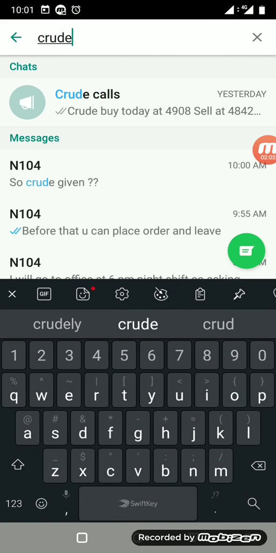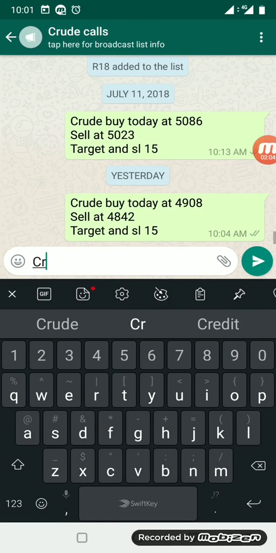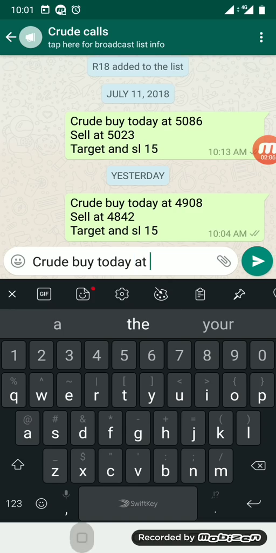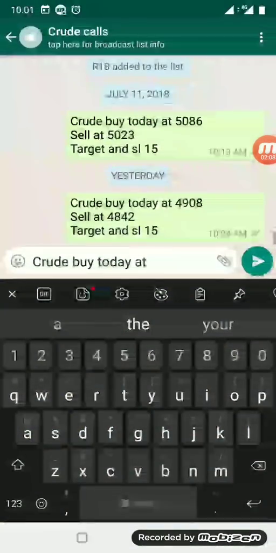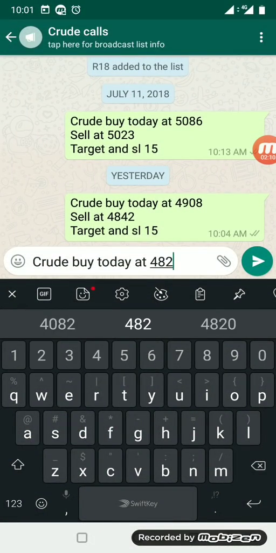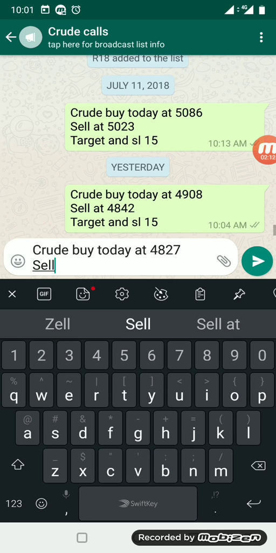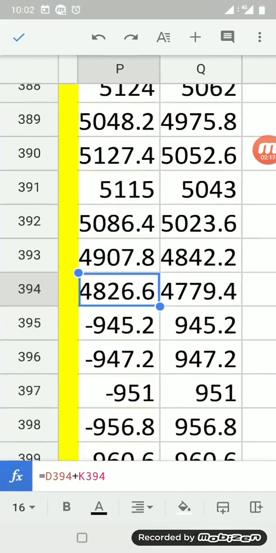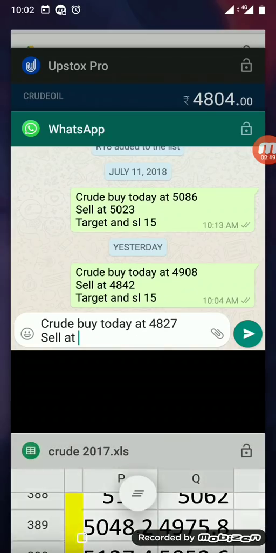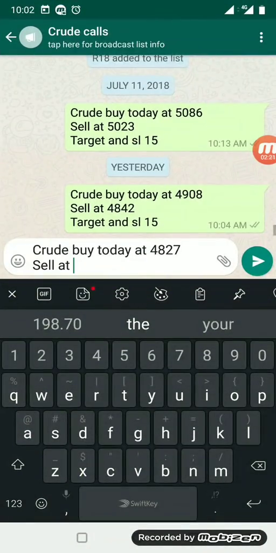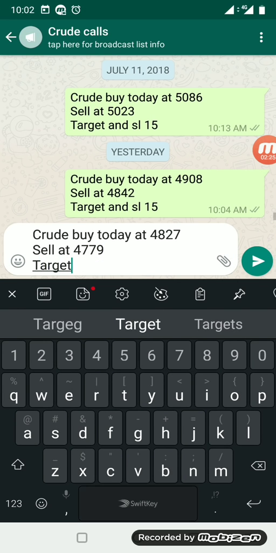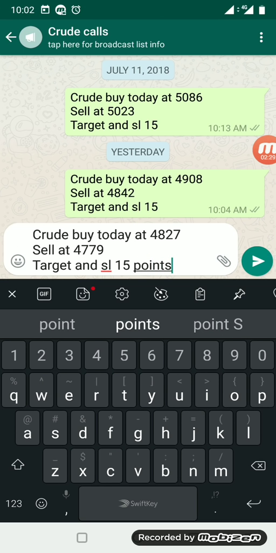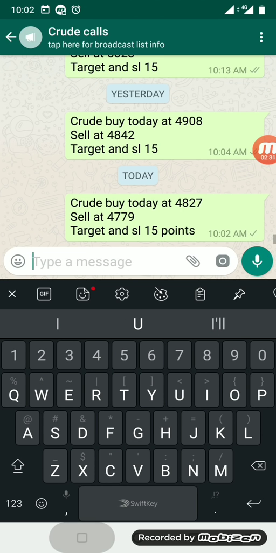I have to go to crude calls. So crude buy today at 4826. I'll just keep it rounded off to 4827, and the sell price is 4779. This is the sell price. So the sell level for today is 4779, and obviously the target and stop loss will be 15. I have updated this in the group.